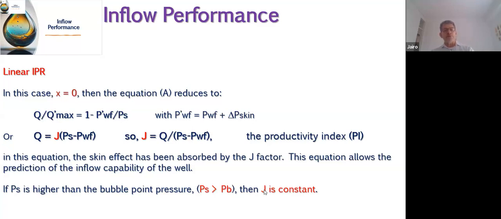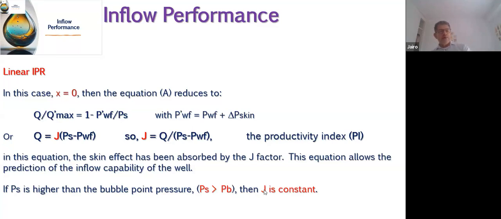The flowing pressure should always be above the bubble point pressure. And then we have the definition here. The new flowing bottom hole pressure is the traditional bottom hole pressure plus the delta P skin.